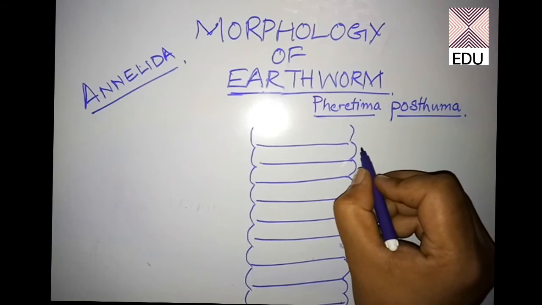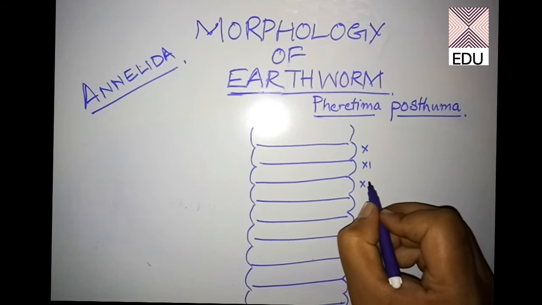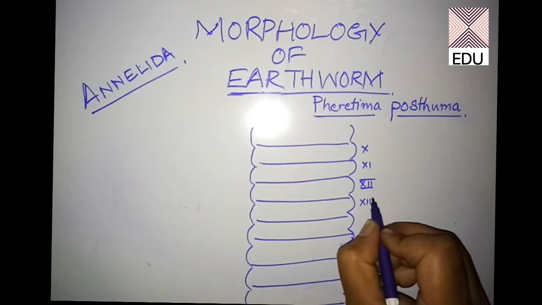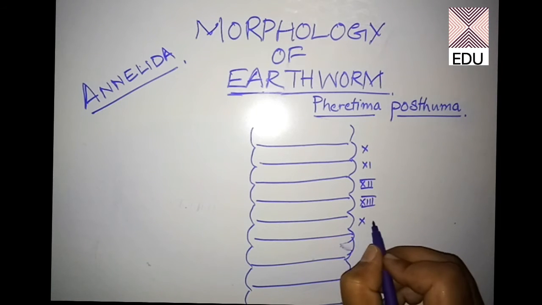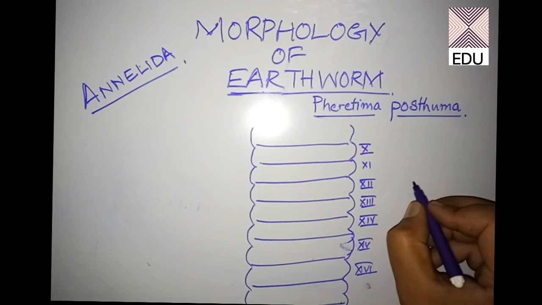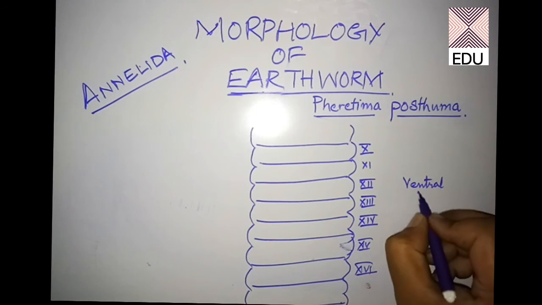Suppose this is segment number 10, 11, 12, 13 and 14, 15 and 16 and so on. We are taking up the segments from 10th to 14th in this ventral view.